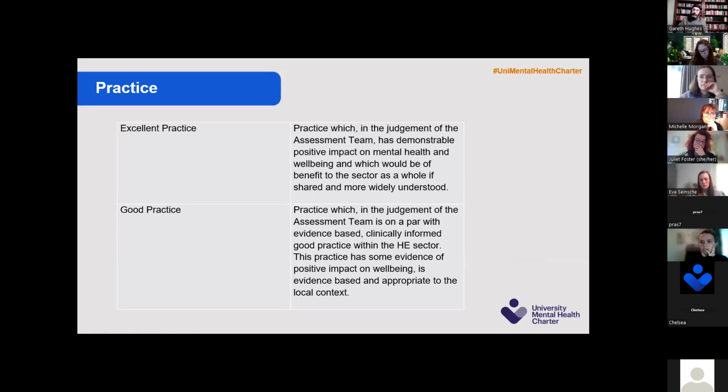Whereas good practice is when we say, this is what we would expect to see in a university that's doing a really good job. It's evidence-based and clinically informed, we've got a little bit of evidence to suggest that it's having a positive impact on well-being, and that it's right for the local context. So good practice is the kind of good, solid work we would expect to see in a university that's got an award.